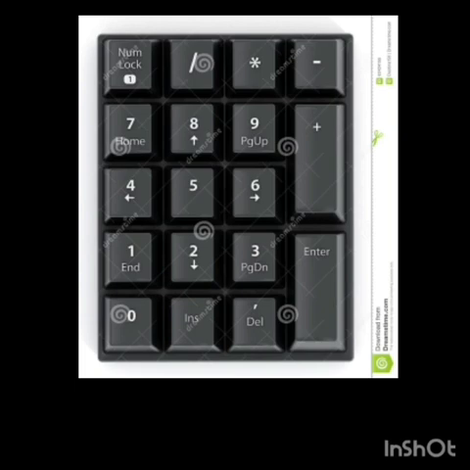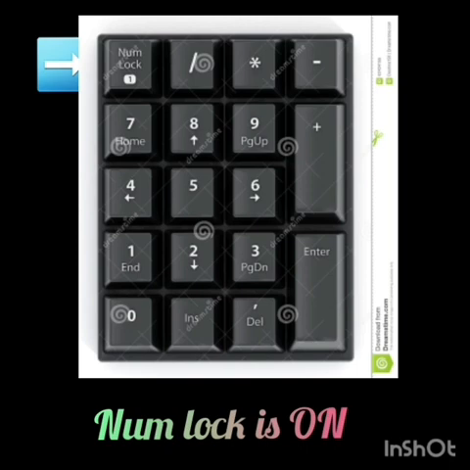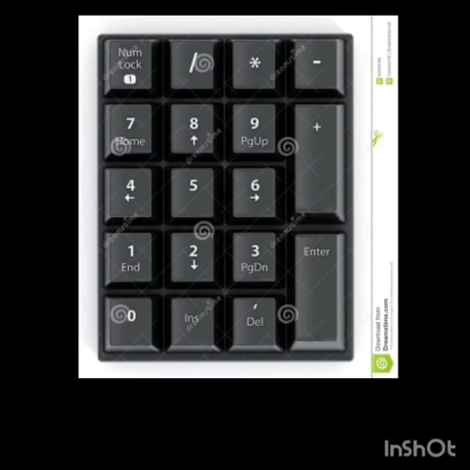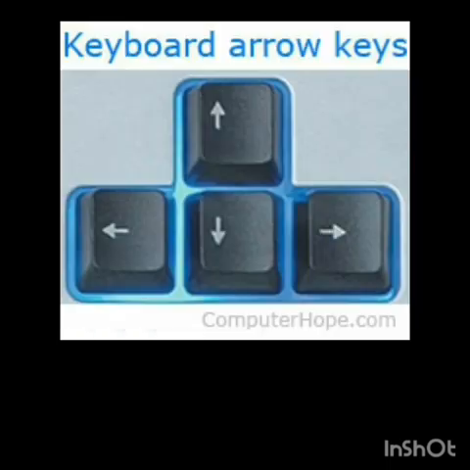We use them to type numbers on the screen. Numeric keypad can be used only when the num lock is on. When we type numbers from 0 to 9 on the keyboard, we can see those numbers on the monitor.